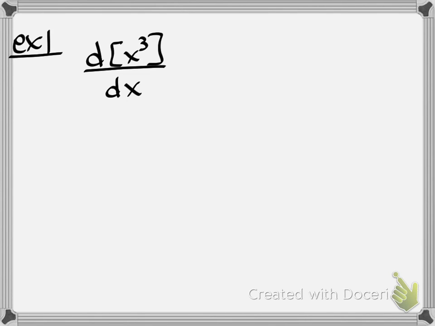This "with respect to x" stuff just means we're taking the derivative of something, and the variable that we are focused on is x. So in this case, what we're taking the derivative of is an x variable, and we're taking it with respect to x, so the x's match.